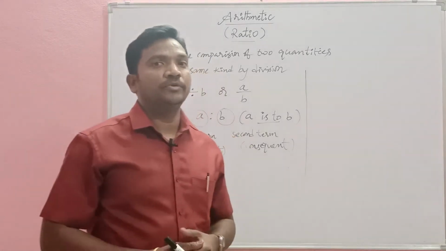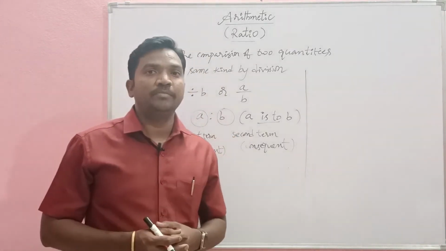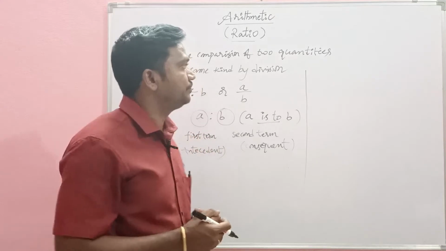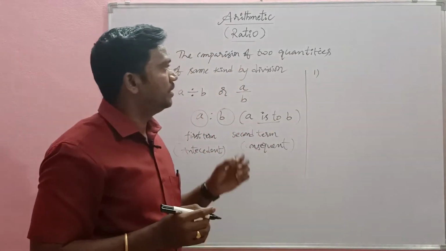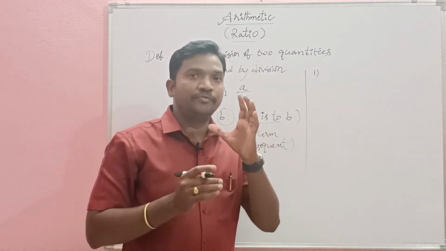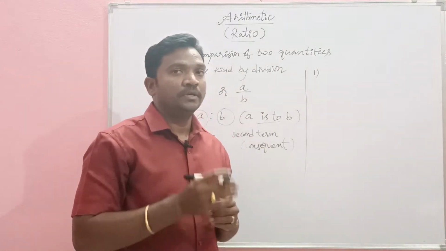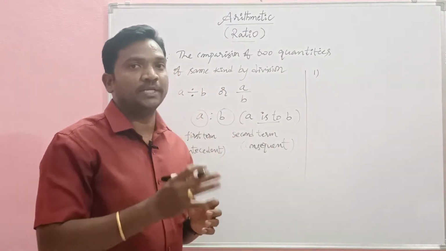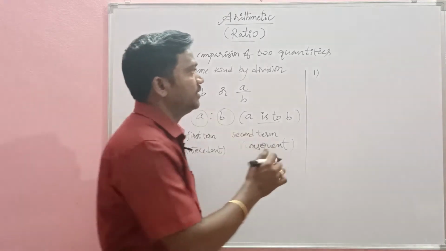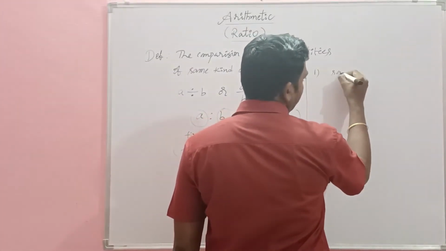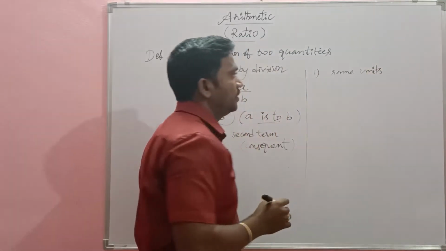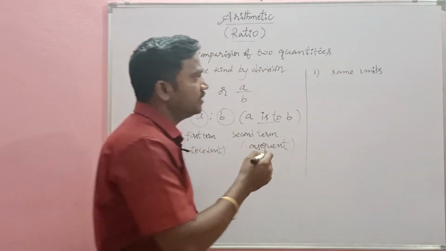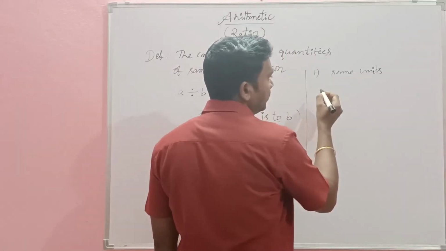To learn more about the ratio, we must remember some key points. First one, to find the ratio of two numbers, they must be expressed in the same units. To understand this, let us see some examples.